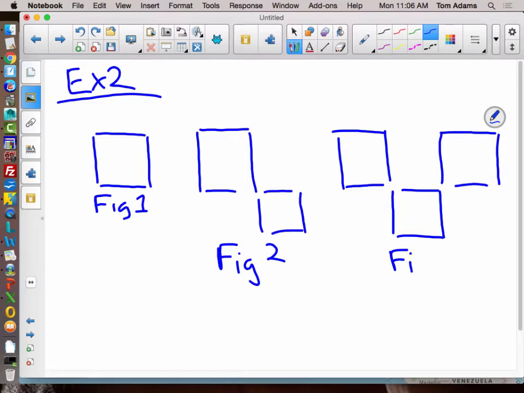This is figure 3. Well done, Mr. Adams. They're just adding an extra square. All right. Well, each one of these lines is a toothpick. They're just building something, making a shape with toothpicks.